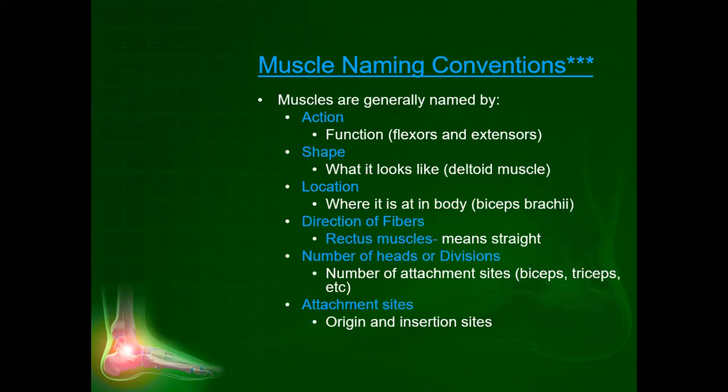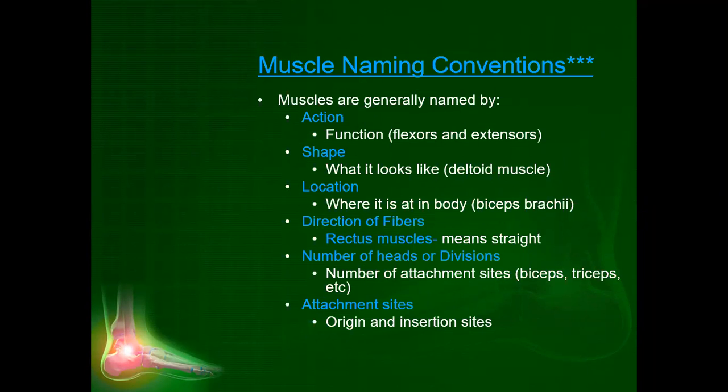So the first thing is our muscle could be named for what action it does: flex, extend. So you have a carpi extensoralis and a carpi flexoralis, which are named for extend and flex.